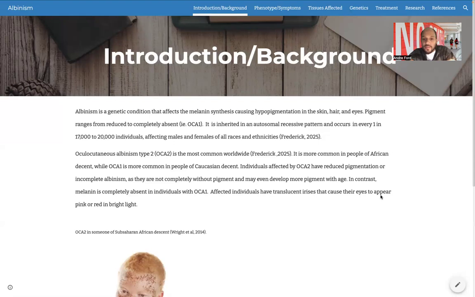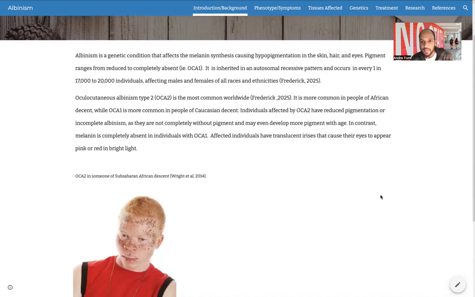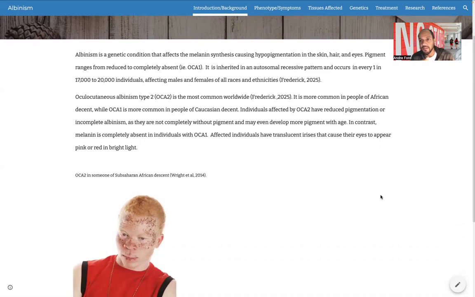OCA1, which is more common in individuals of European descent, also in Asians as well. People of fairer skin, because they commonly have all white hair, absolutely no pigment in their skin, and usually very light colored eyes because they lack pigment in their iris as well.